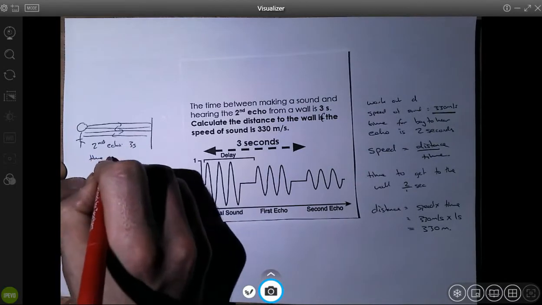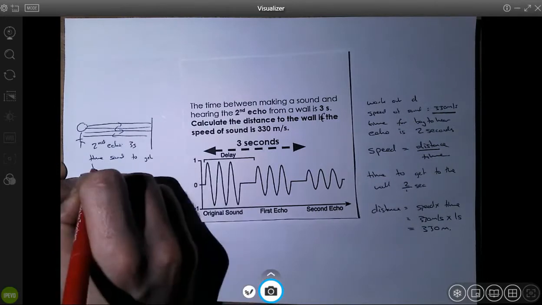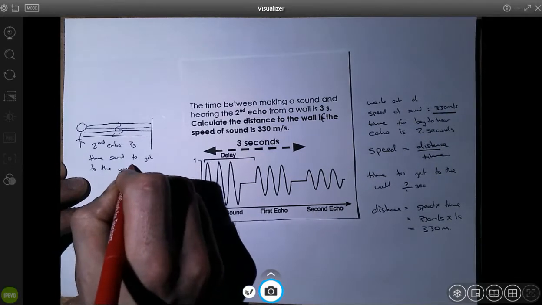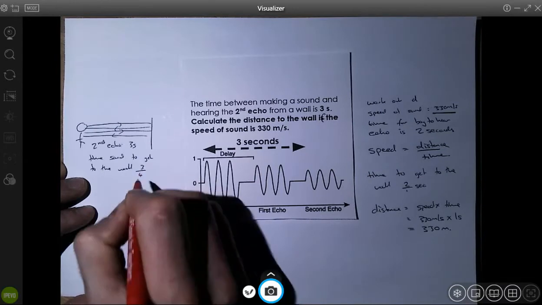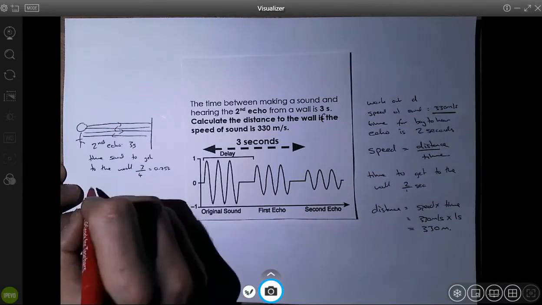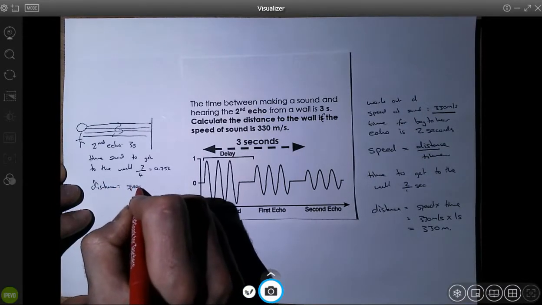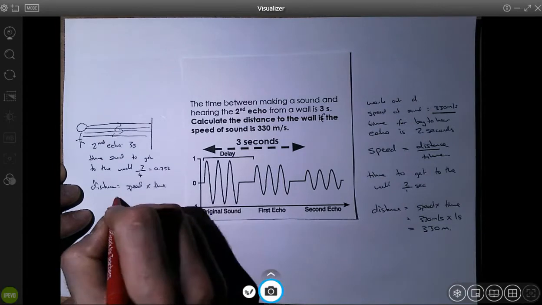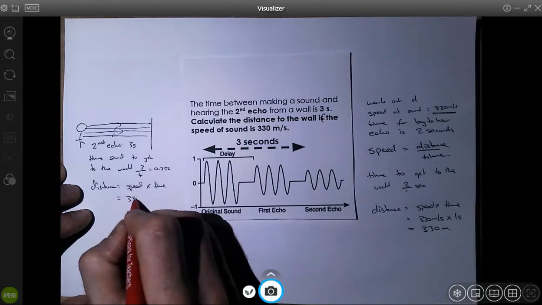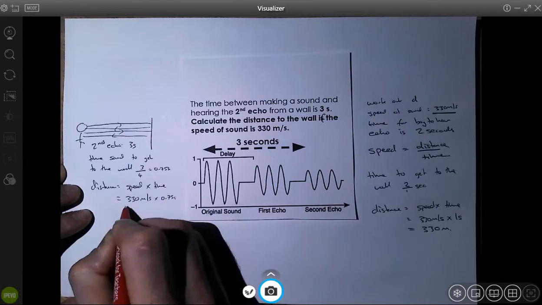So the time for the sound to get to the wall, you should be able to see this, is 3 over 4 or 0.75 seconds. And then again, we can use distance is speed times time. And again, the speed is given to us as 330 meters per second times by 0.75 seconds.